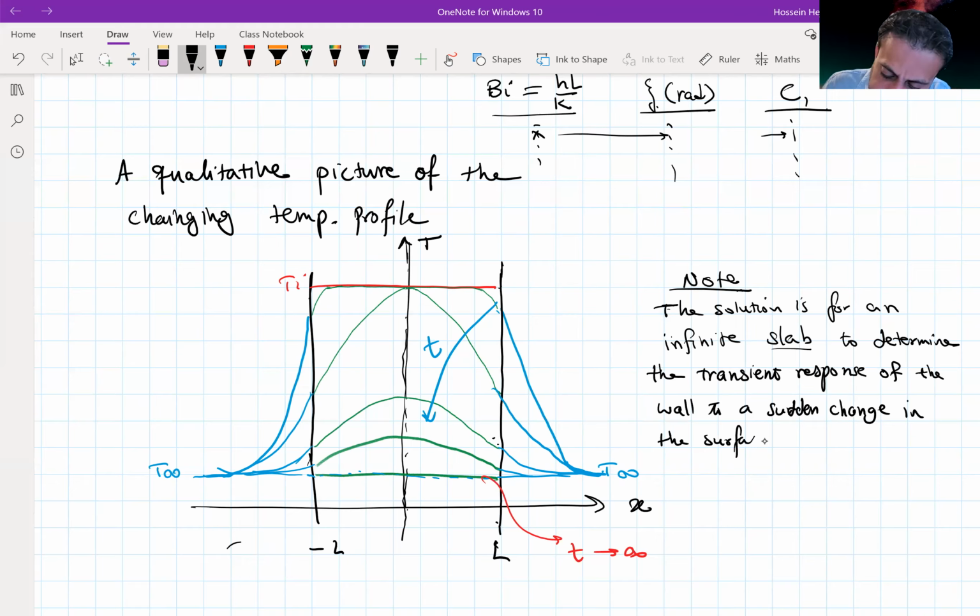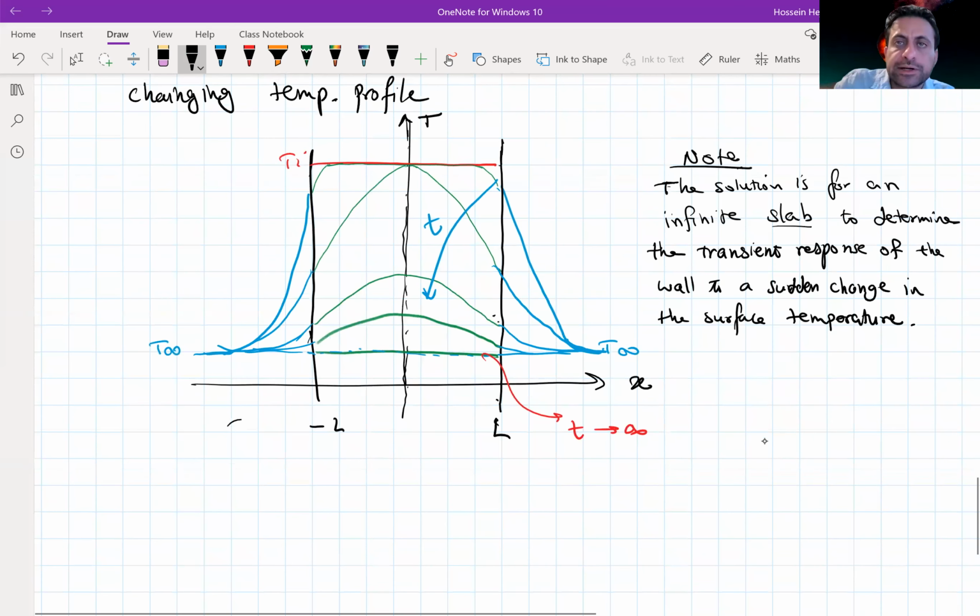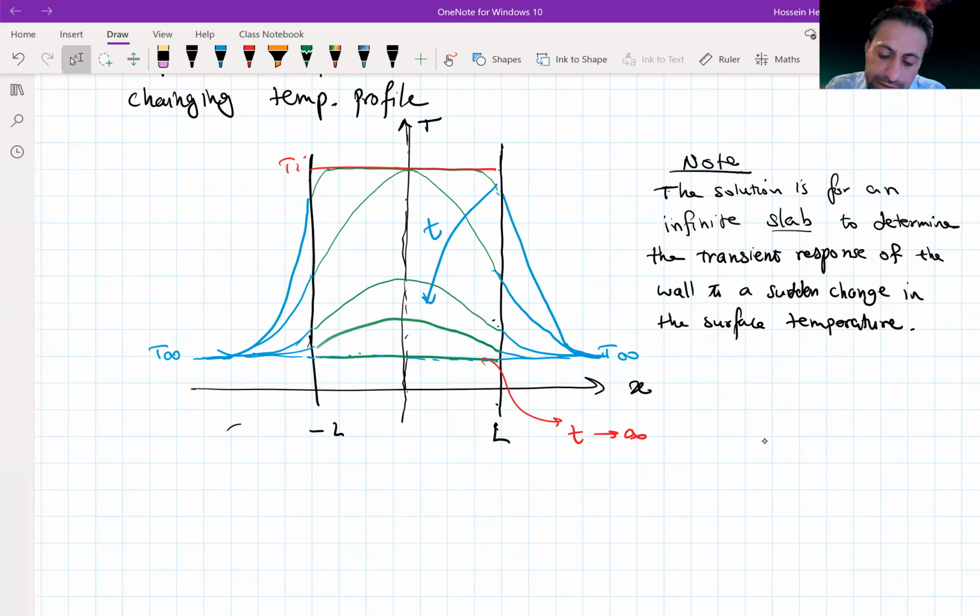Now, here what happens is we are just immersing that in a fluid with the temperature of T infinity and some heat transfer coefficient h that is flowing on both sides. But let's say, you know what, we suddenly change the surface temperature to some value like Ts.